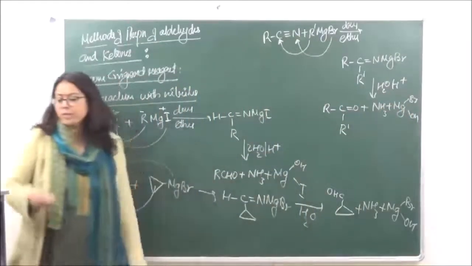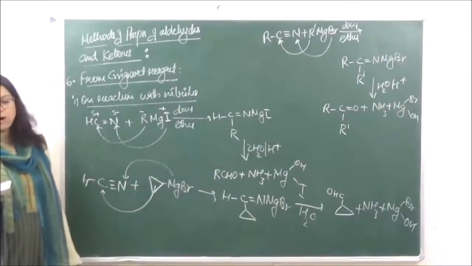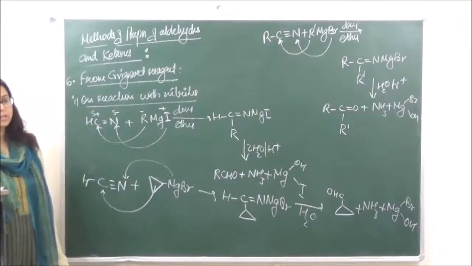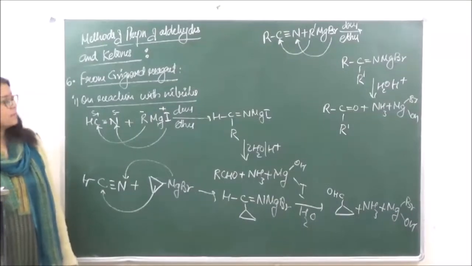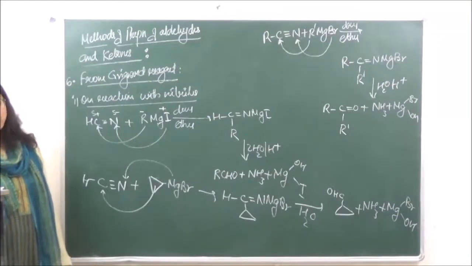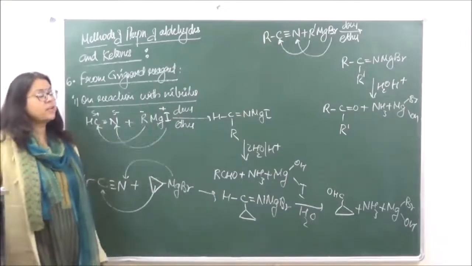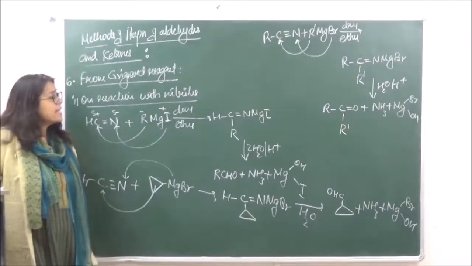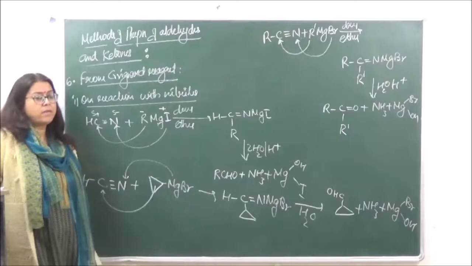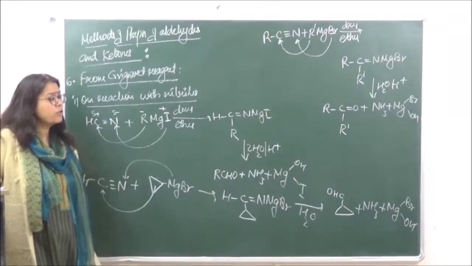So this is going to be the mechanism of Grignard reagent. In a similar manner, Grignard reagent can also attack on esters. Over here, Grignard reagent is attacking on the nitriles. You will see that the mechanism is going to be same. There is no change in mechanism which is going to take place.